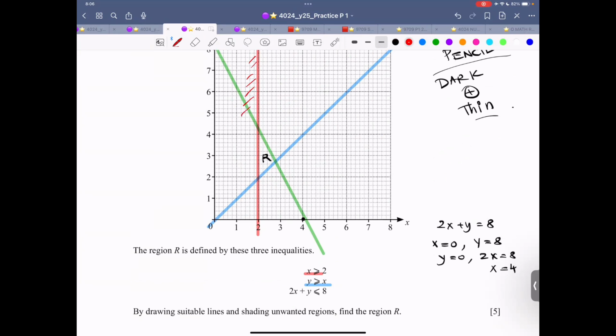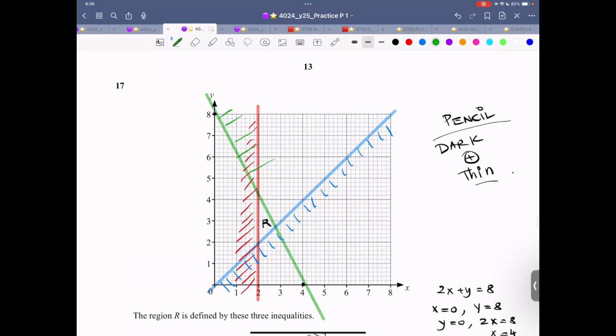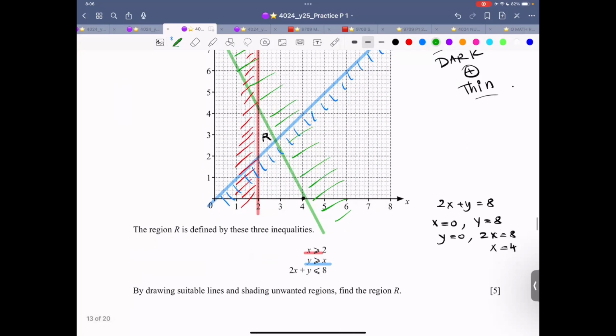I don't want this blue region, and similarly, I don't want this green region. So the region that I have, let me mark it a little bit darker, is this region over here.